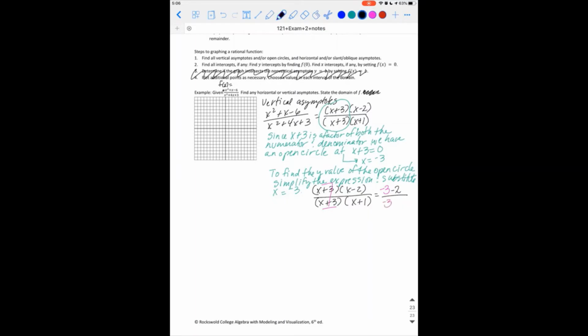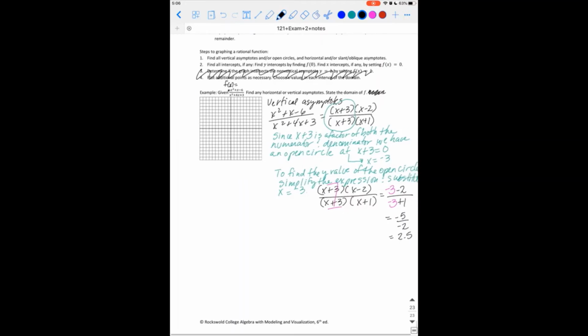So -3 minus 2 is -5. -3 plus 1 is -2. Negative divided by a negative is a positive. 5/2 is technically 2.5. So far, for graphing purposes, I have x and I have f of x.